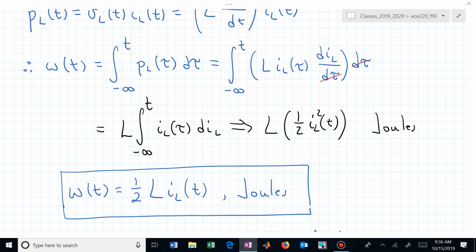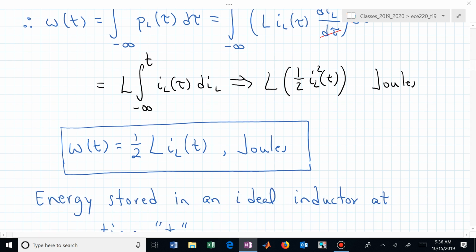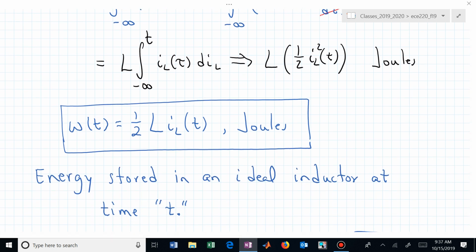And that will then allow this energy to fluctuate in the magnetic field, or vary as a function of time. w of t is the variable that we're using to describe the energy stored in an ideal inductor.